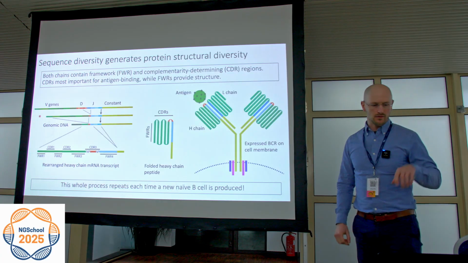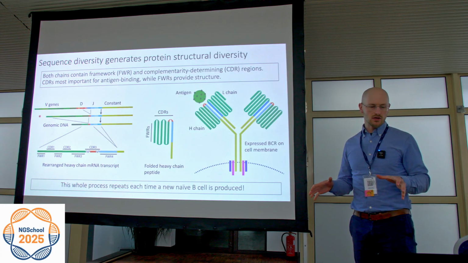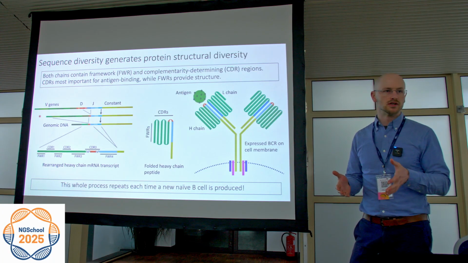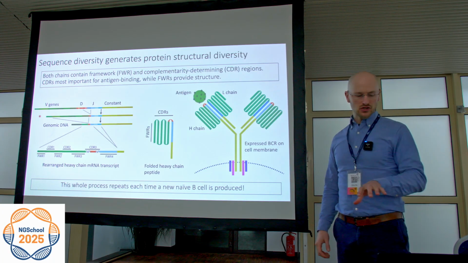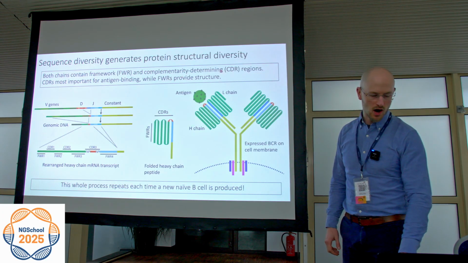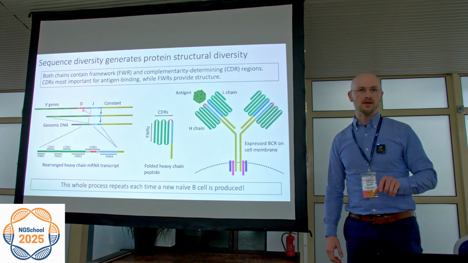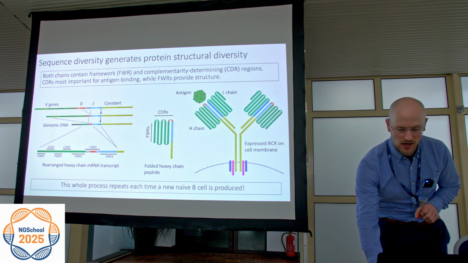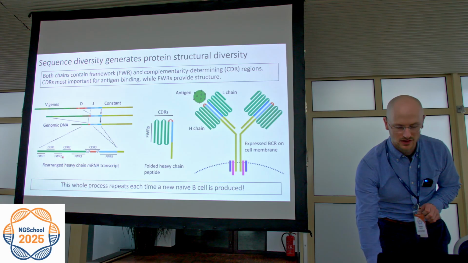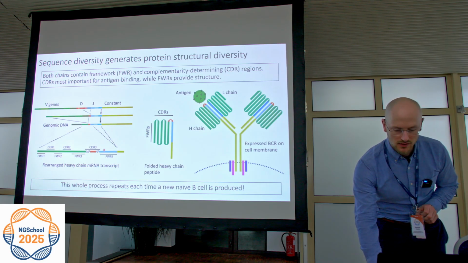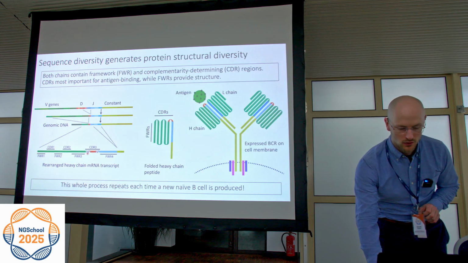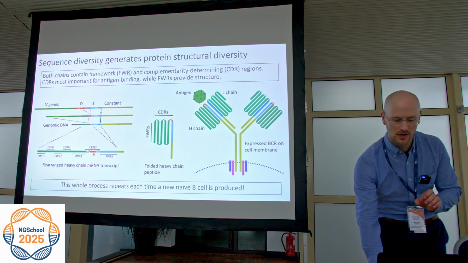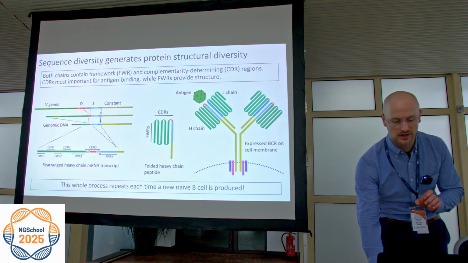So fitting this all together, this diversity of BCR sequences generates a large diversity of protein structures. So both chains contain what are called framework and complementarity determining regions, and these regions are non-consecutive. So if we look at our V, D, and J regions, the first framework region occurs at the beginning of the V gene, then the first CDR, then the next framework, and so on, until we get to the CDR3, which is composed of the N and P additions in the junction, as well as the D gene, and then the remaining N and P additions.